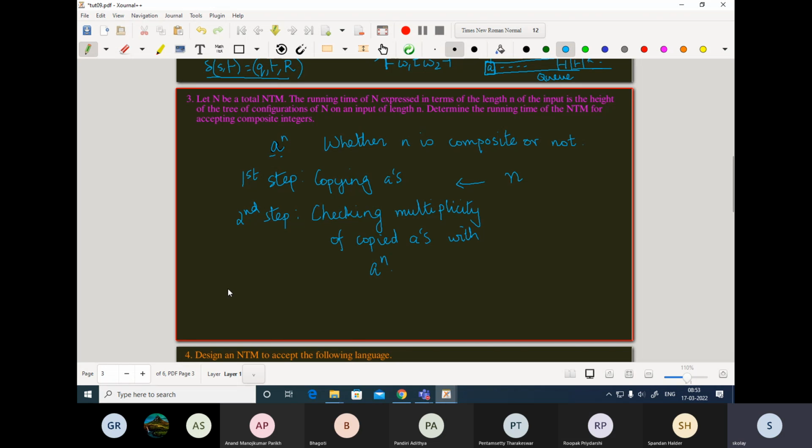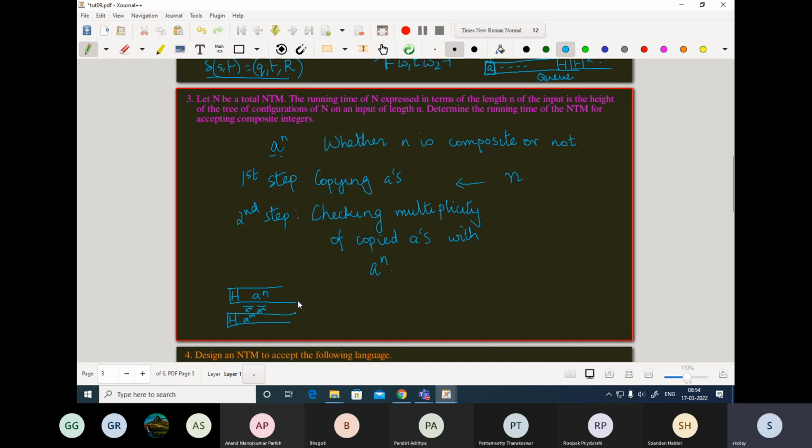Okay, so after the first step, in the first tape you have a to the n written, and in the second tape you have a to the m written, and you have to check whether, so you keep marking copies of a to the m, and you check whether n can be completely covered in this way, right? So what is the time complexity for this in the Turing machine?